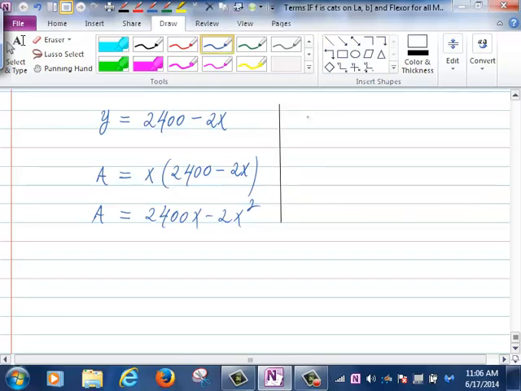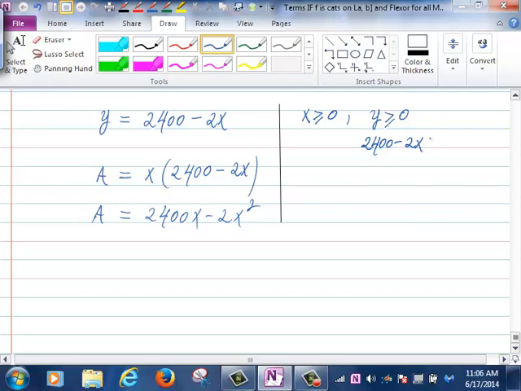Notice that, I guess you would agree with me that x has to be non-negative, right? It's a length. At the same time, you can see that y has to be non-negative, right? You agree with that? Well, the length is not negative. Yeah. But we expressed y in terms of x as y is the same as 2,400 minus 2x, right?